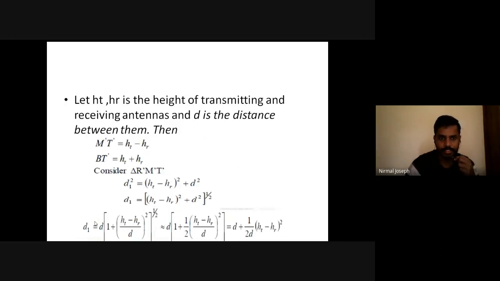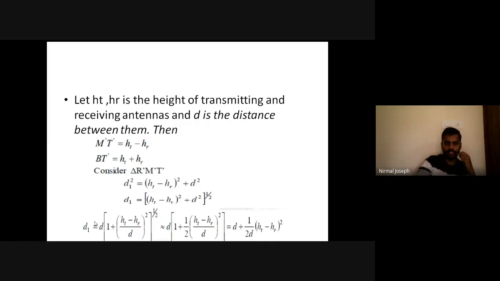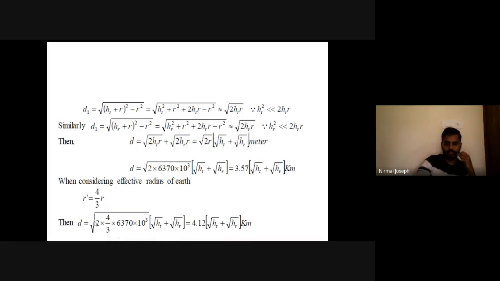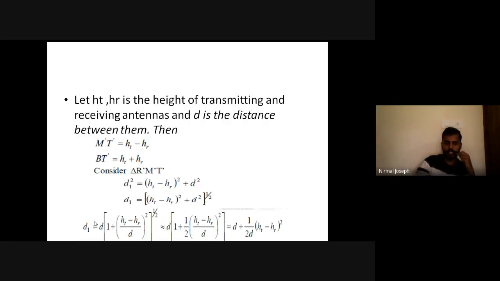Okay. Let HT and HR be the heights of the transmitting and receiving antennas, and D the distance between them. Then, as we have already said, M dash T dash is nothing but HT minus HR, and B T dash is HT plus HR.